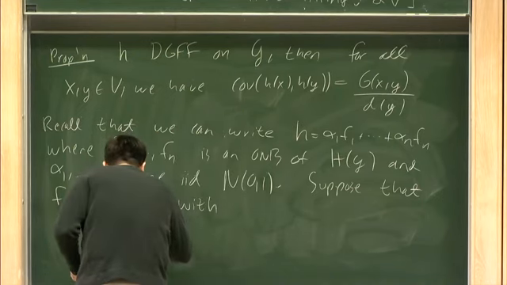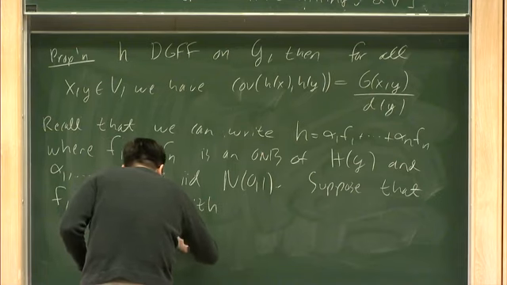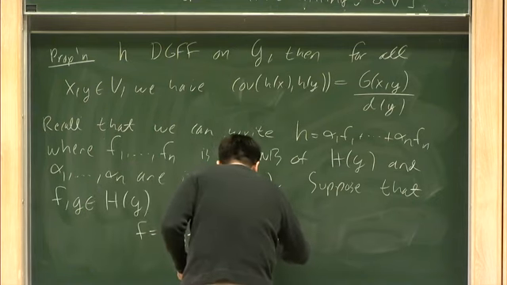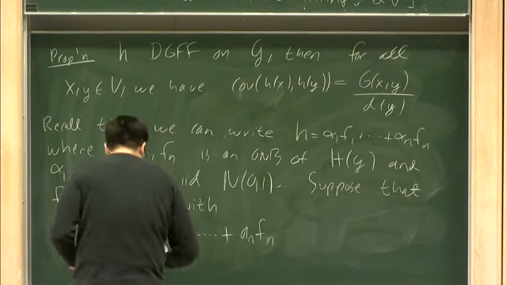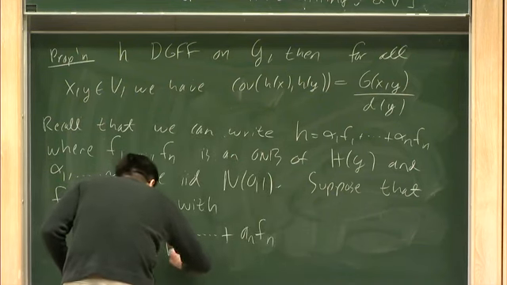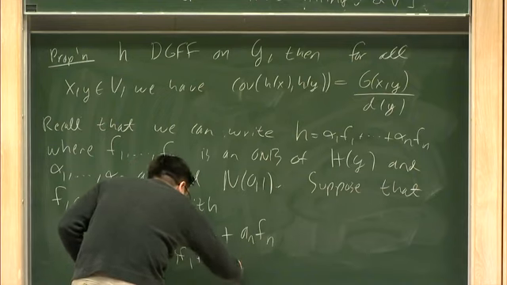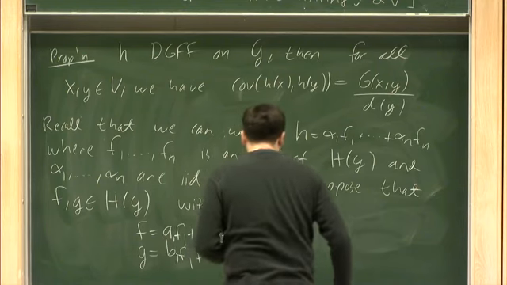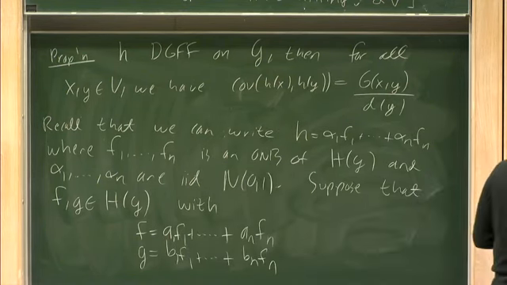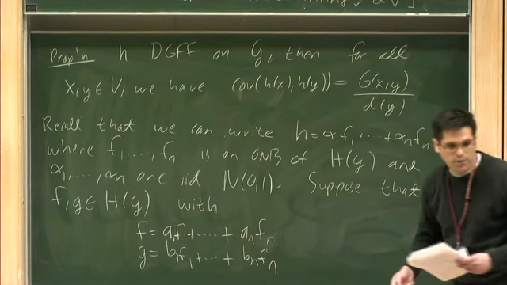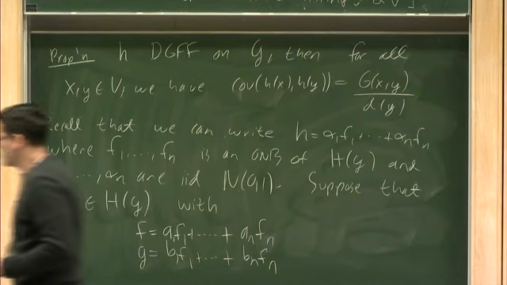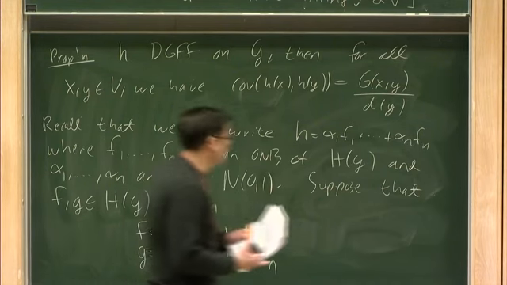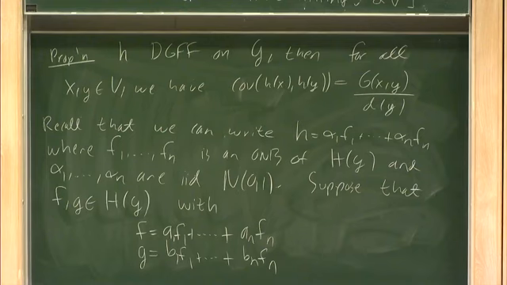I'm going to take f equal to a1 times f1 up to an times fn, and g equal to b1 times f1 up to bn times fn. Okay, so we have our two functions, and now we're going to calculate the covariance of the Gaussian free field when you take the inner product of it with these two functions.